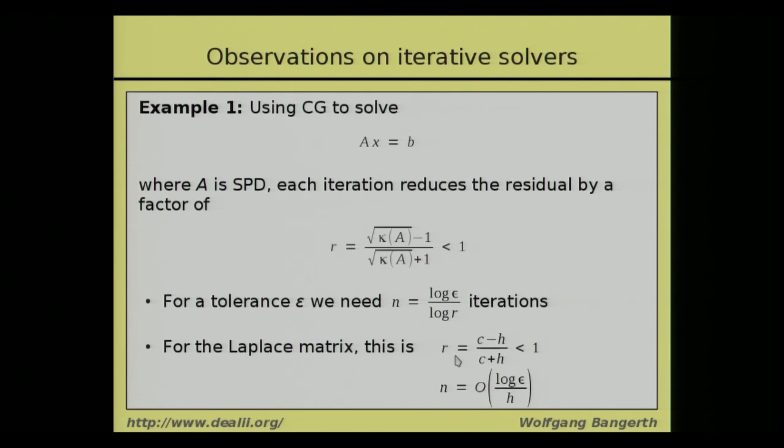That means that the CG method converges slower and slower if I make the mesh finer and finer. So the number of steps that I need is on the order of log epsilon divided by h. And so you see that if I make the mesh finer by a factor of 2, in reality that means that I have to do twice as many CG iterations.